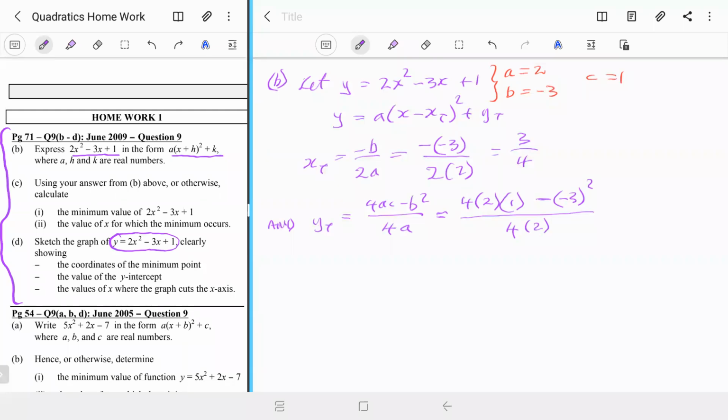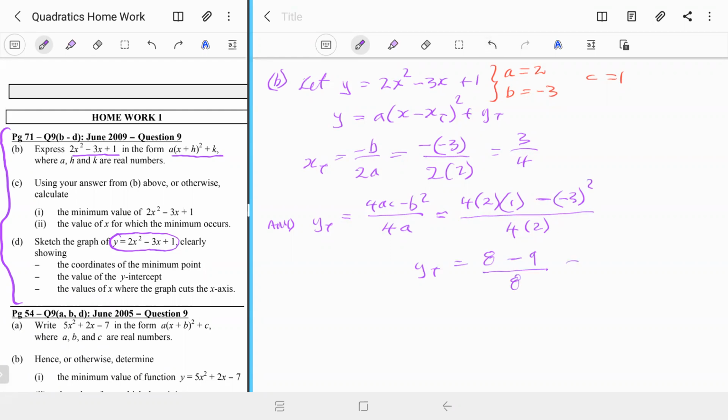Working this down, the yt value becomes 4 times 2 is 8, times 1 is still 8. This minus stays as a minus because it is not being squared. But negative 3 squared becomes 9. Dividing by 4 times 2 is 8.